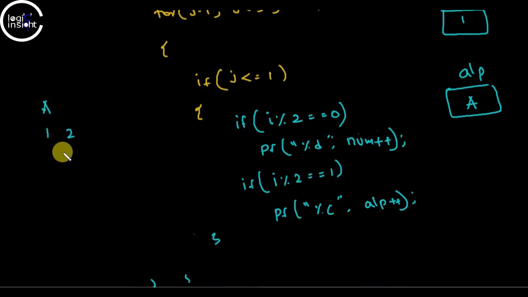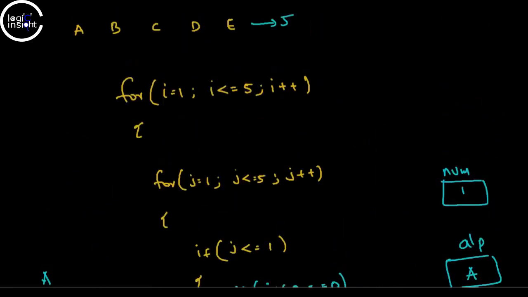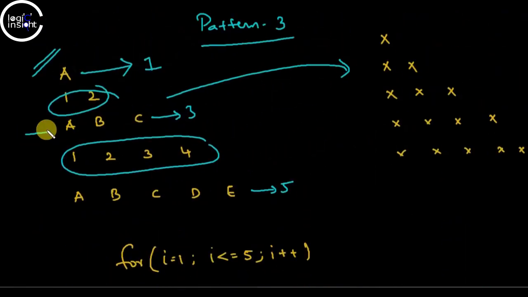Up to here it's fine. Whenever the third row comes, it prints B C D, because we haven't reset alpha. For every odd row it should start with A, and for every even row it should start with number 1.